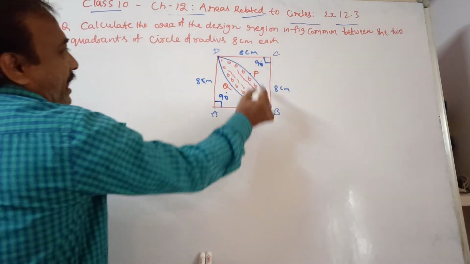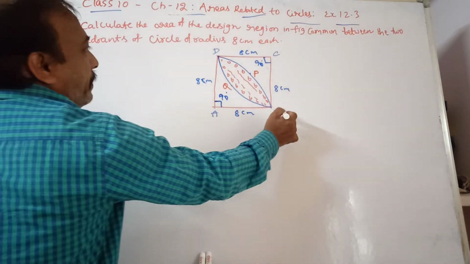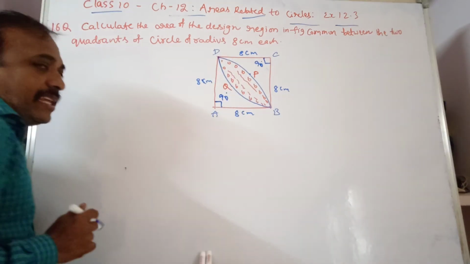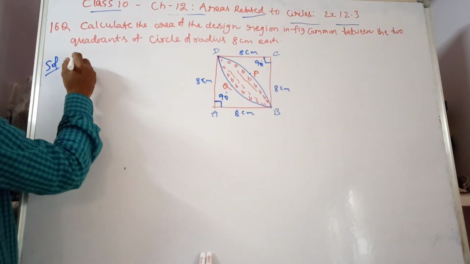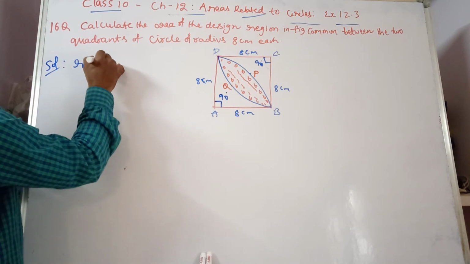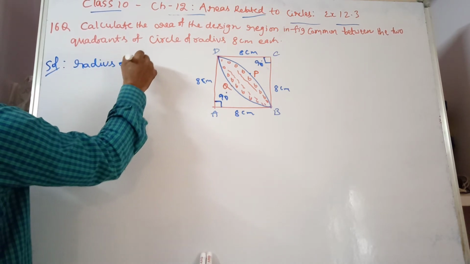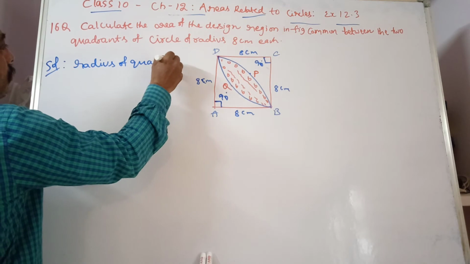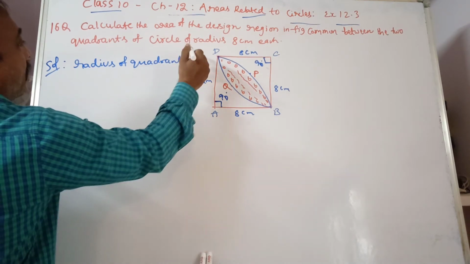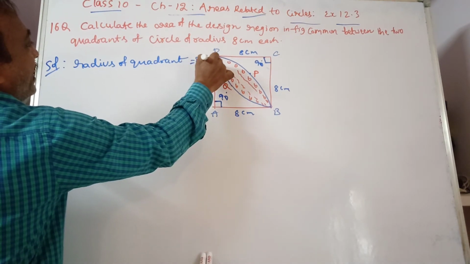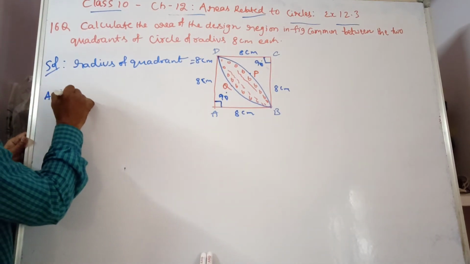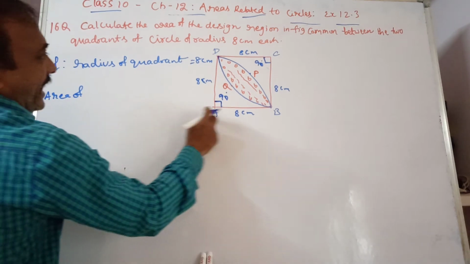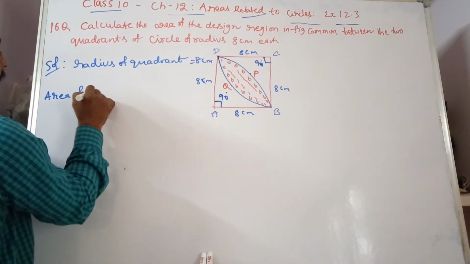One is A, B, P, D, another quadrant is B, C, D, Q. So first, solution: radius of the quadrant is equal to 8 centimeter. So we are finding the area of ABPD.